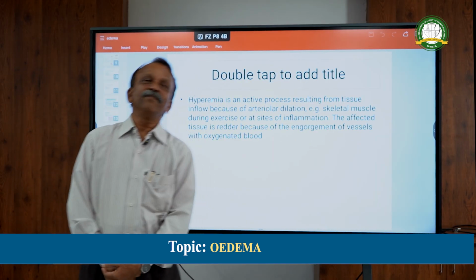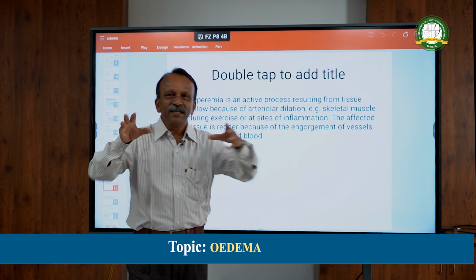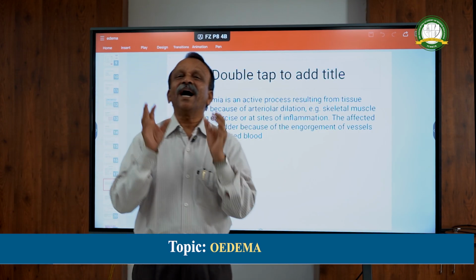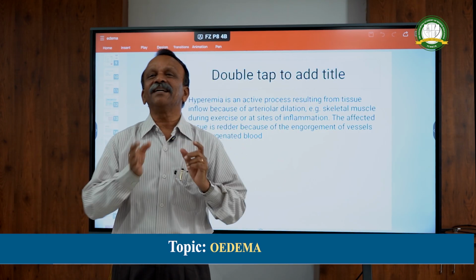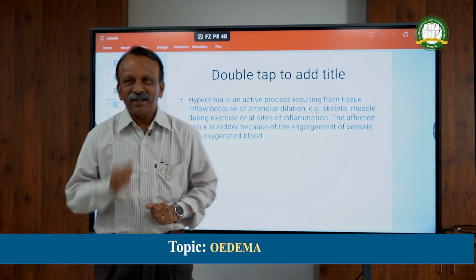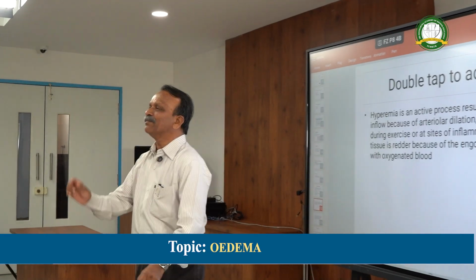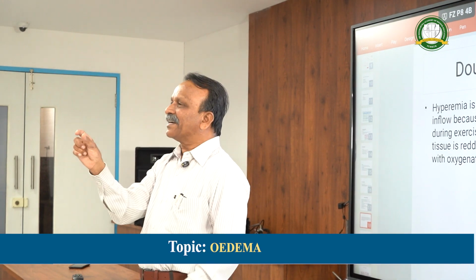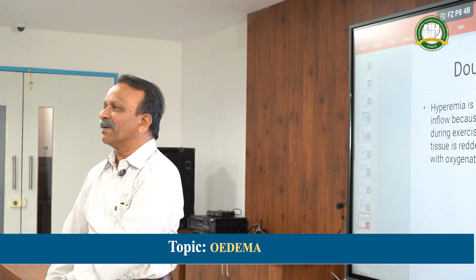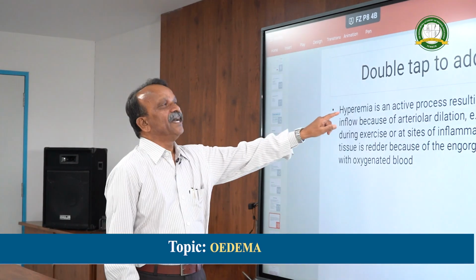What is hyperemia? Hyperemia is damming up of the blood in the arterial circulation, with dilated arteries and arterioles. Suppose in the morning, if you do exercise, you feel heat in the calf muscles. That is because of the dilated arteries. There will be flushing of the blood into the dilated arteries and arterioles. That is called hyperemia.